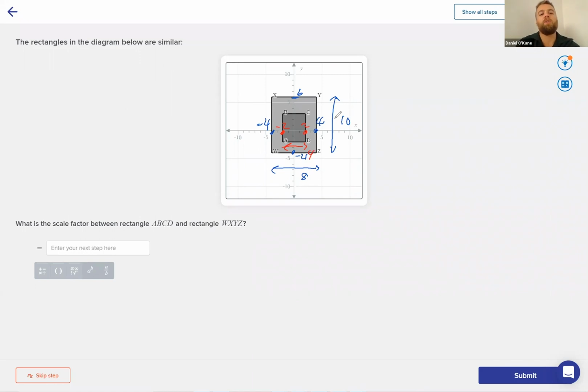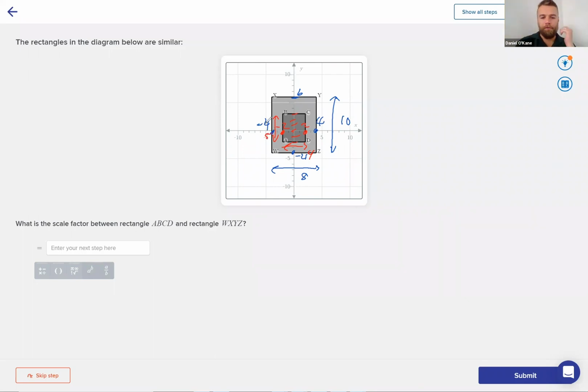Because I know these rectangles are similar, I'm told in the question, you can work out that 1, 2, 3, 4, 5, I've got this height of 5.